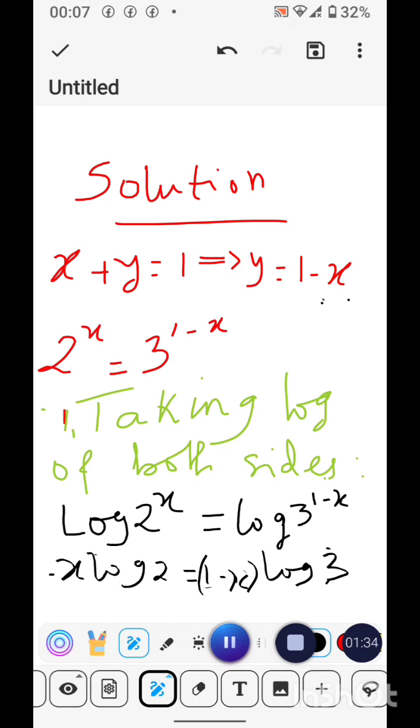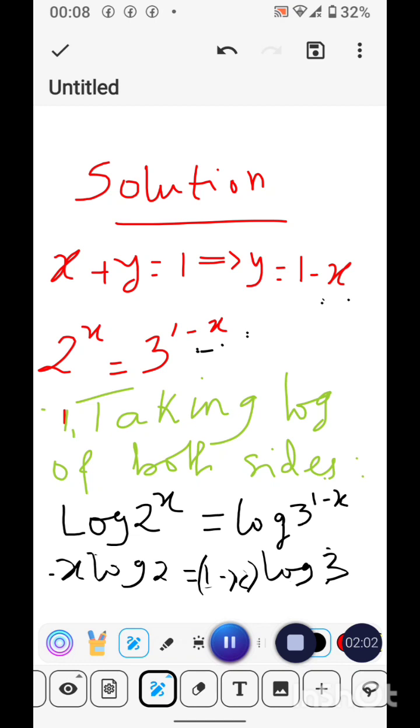If you substitute it in 3 raised to the power y, it will rather become 3 raised to the power 1 minus x. Now, taking log of both sides, we have log 2 raised to the power x is equal to log 3 raised to the power 1 minus x.